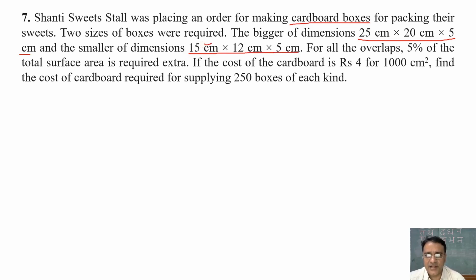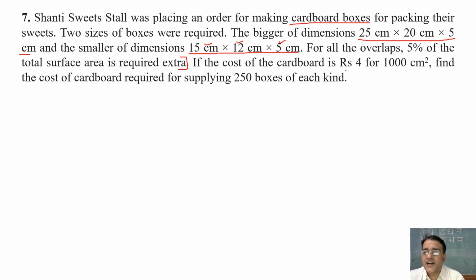So first वाला L होता है, second वाला B होता है और third वाला H. And for all the overlaps, 5% of the total surface area is required extra. Suppose 100 centimeter square हम लोग का total surface area आ रहा है, तो 5% उसमें और add करना है. 5% means 5 centimeter square.